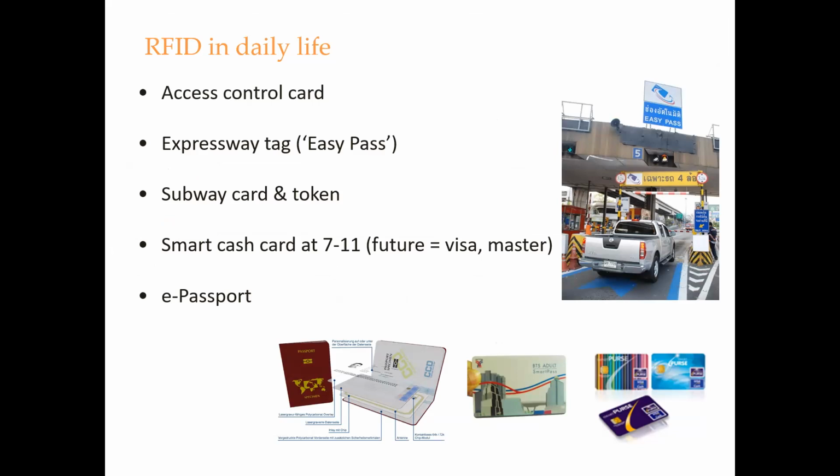Our university uses RFID, not barcode, to detect the usage of the book. It's used to identify the book. And this is the e-passport and the e-BTS as a ticket, and then a Visa card. They are also embedded with RFID.